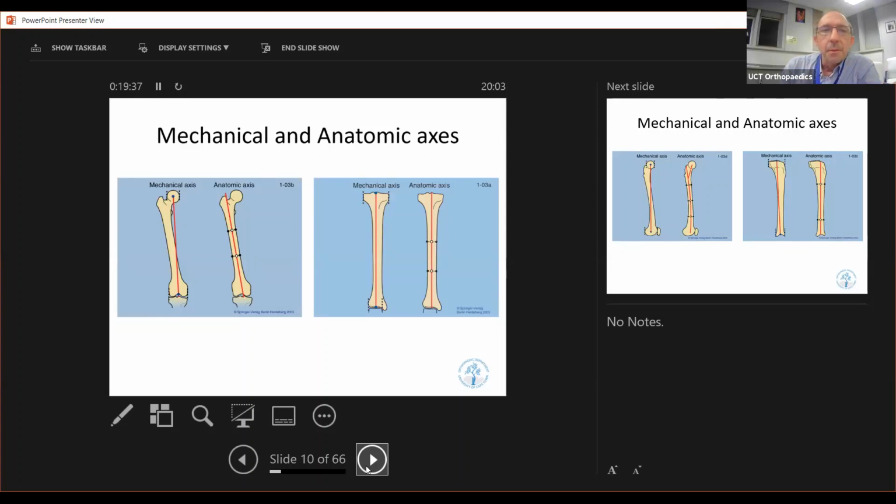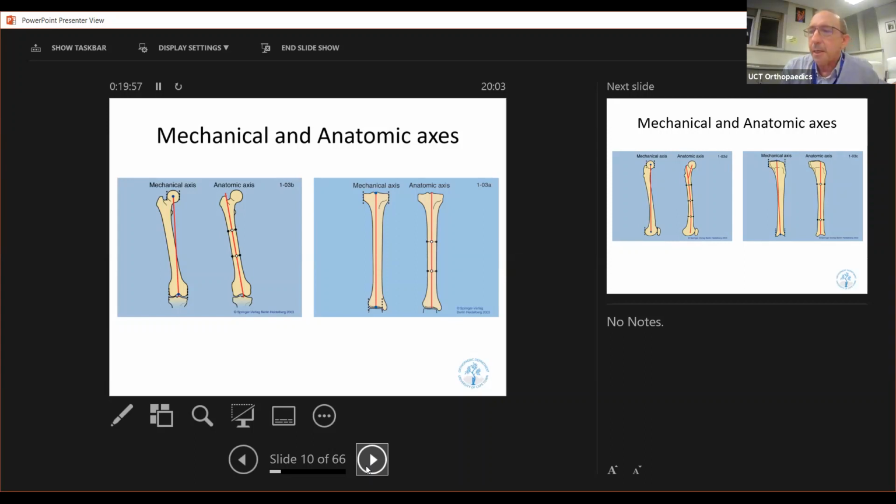So a mechanical femur goes from the center of the joints to the middle of the knee, whereas the anatomic axis goes through the center of the femoral shaft itself. And this differs by about 6-7 degrees of valgus at the distal femur.